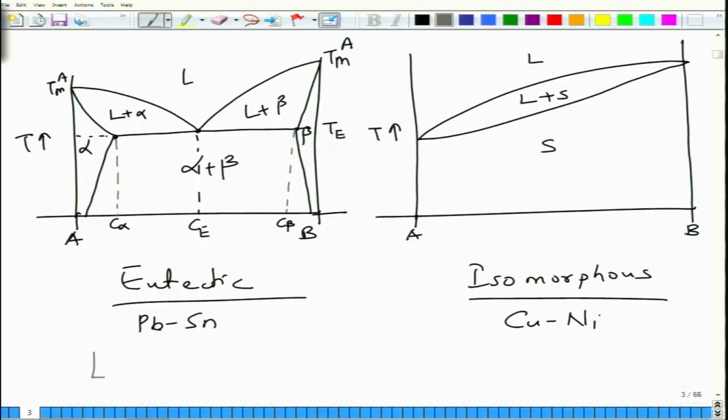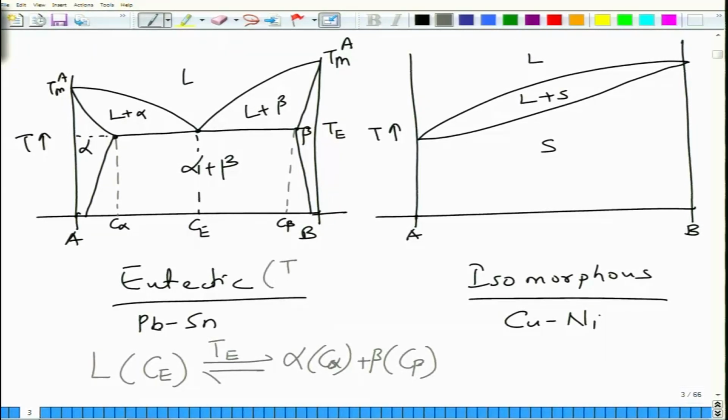Basically you can say liquid of composition CE transforms at TE to alpha of composition C alpha plus beta of composition C beta. This is the eutectic reaction which one writes, and this is called an invariant reaction. We will see the meaning of invariant a little later.